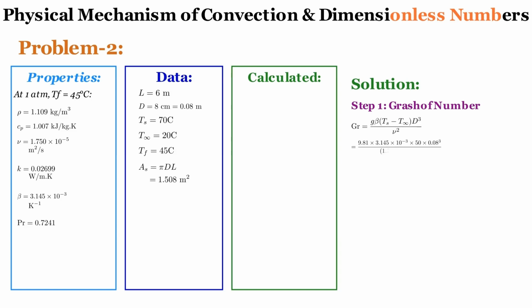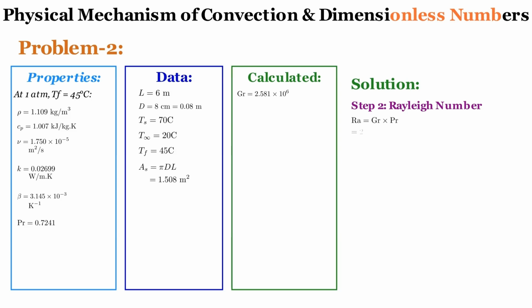Substituting carefully, 9.81 times 3.145 times 10 to the minus 3 times 50, that's our temperature difference, times 0.08 cubed, divided by 1.750 times 10 to the minus 5, all squared. This gives us Grashof number equals 2,581,135.2.